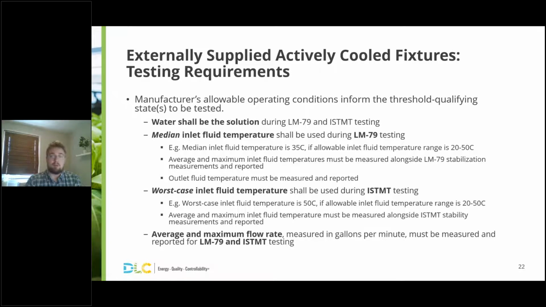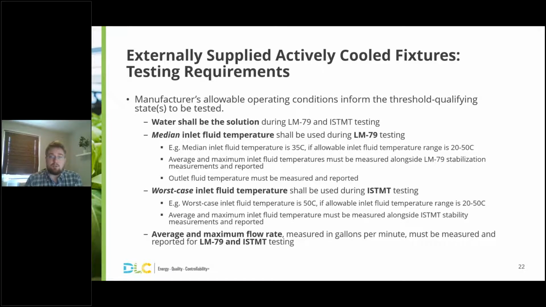For some testing requirements, manufacturers' allowable operating conditions inform the threshold qualifying states to be tested. So knowing that there's a variety of products that allow a variety of inlet fluids, we do state and require that water is the solution used during LM79 and ISTMT testing.